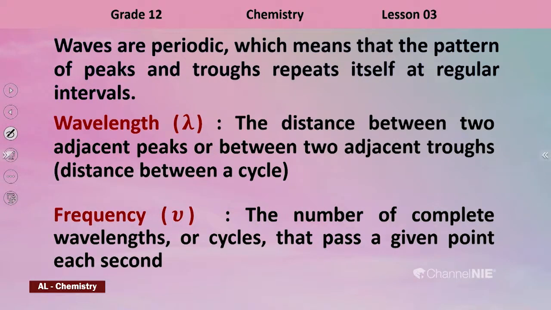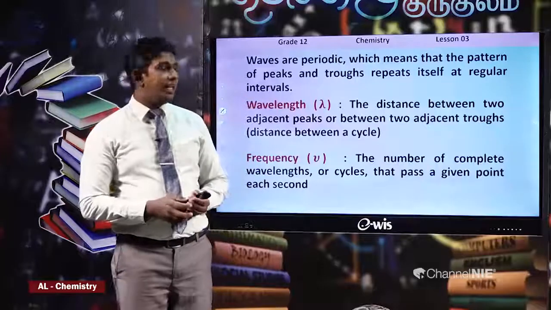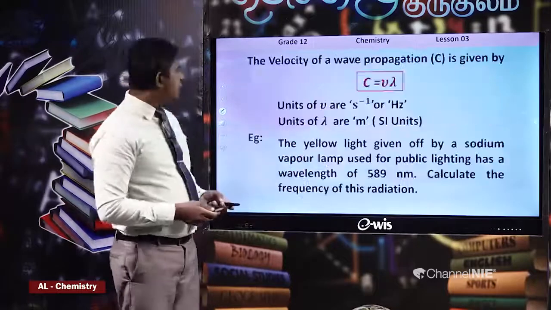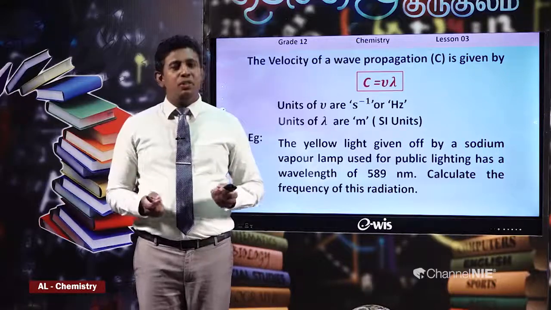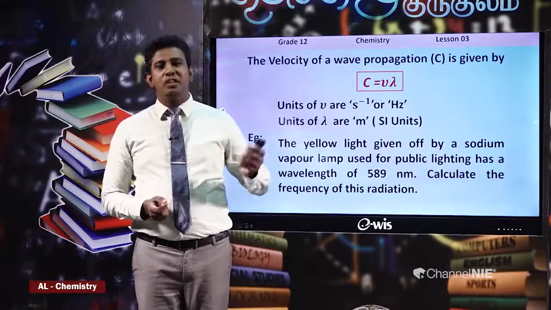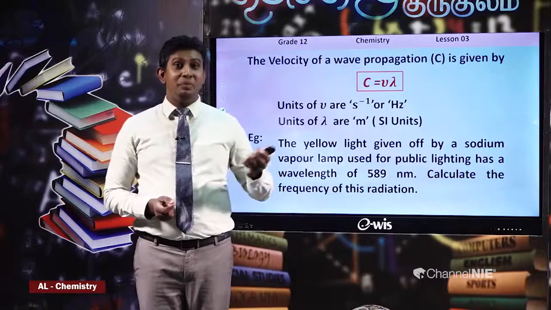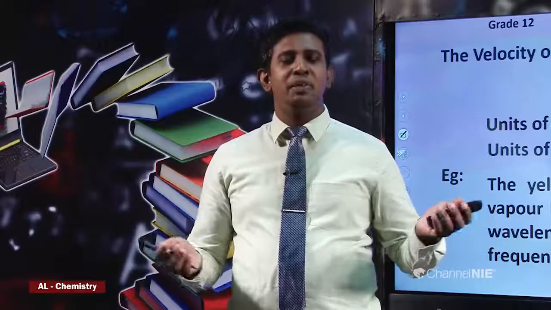Frequency, nu, stands for the number of complete wavelengths or cycles that pass a given point each second. The speed or velocity of all the electromagnetic radiations is the same: 3 into 10 to the power 8.